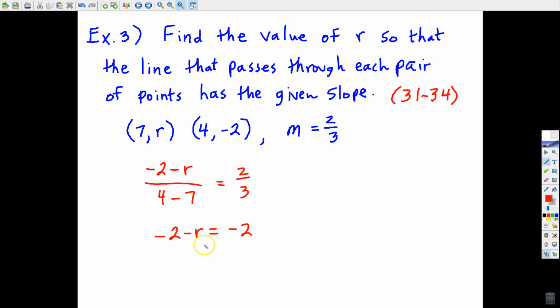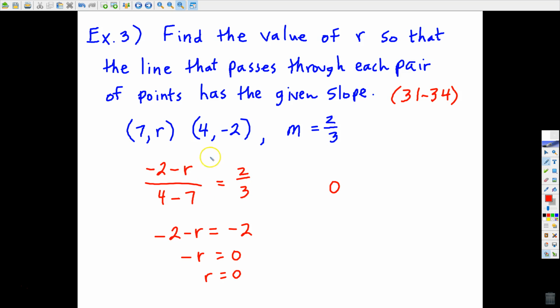Adding 2 to both sides, negative r equals 0, so that means r is 0. So in this case, the part of the ordered pair that we're looking for is 0.